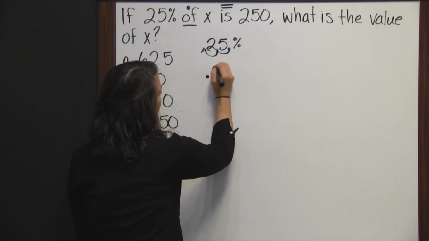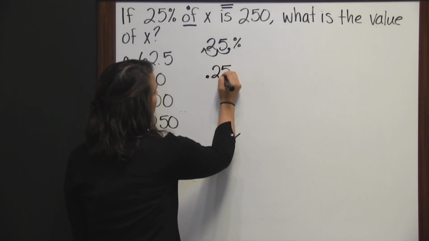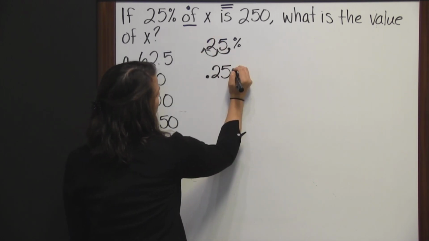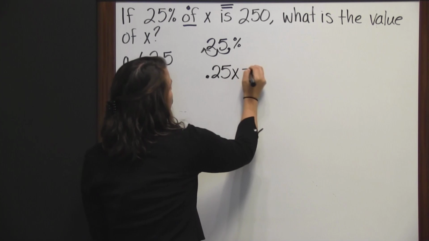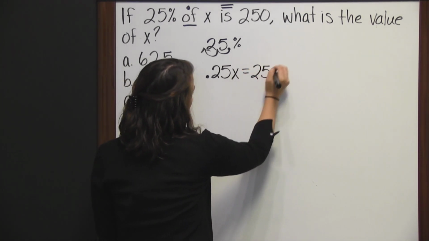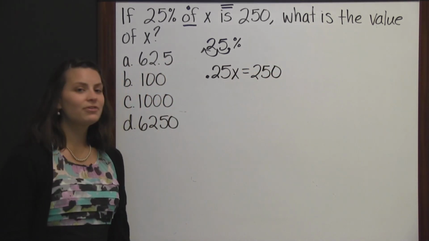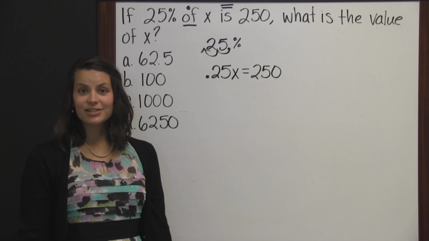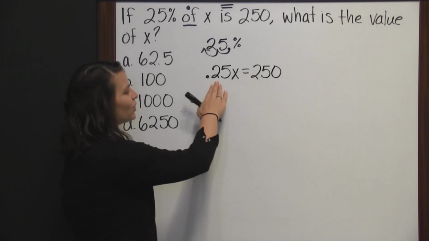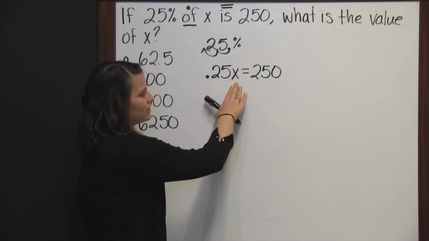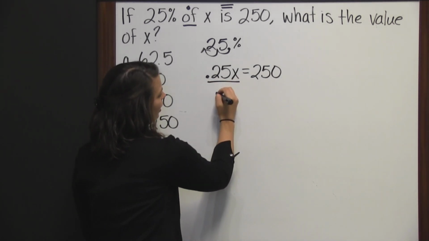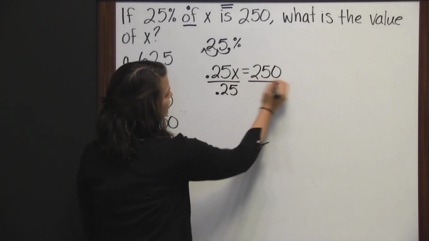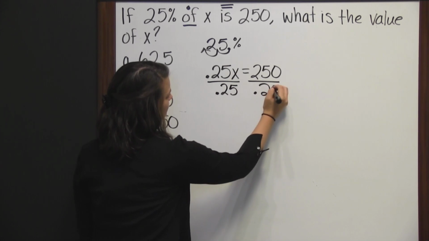So that's 25 hundredths times x, or just 25 hundredths x, is or equals 250. Now that we've written our equation, we just need to solve. So this is 25 hundredths times x. To solve for x, we do the opposite of multiplying, and we divide both sides by 25 hundredths.